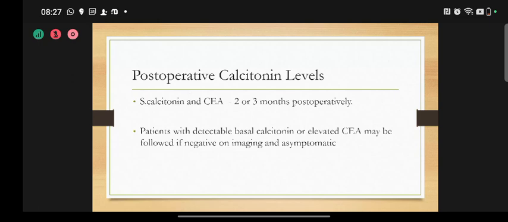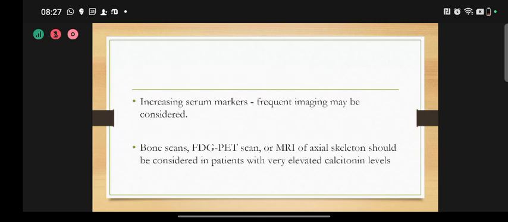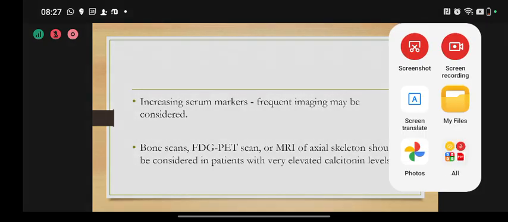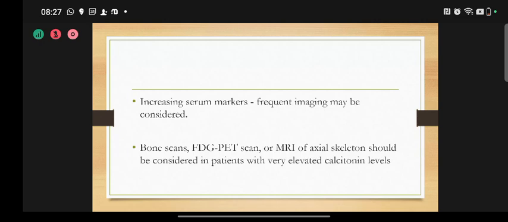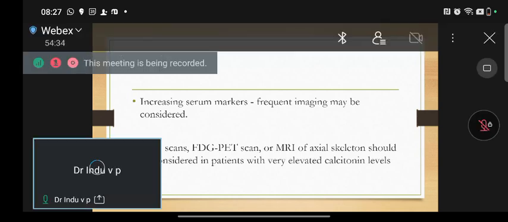Coming to the postoperative calcitonin level, calcitonin and CEA can be measured 2 to 3 months postoperatively. Patients with detectable basal calcitonin or elevated CEA may be followed if imaging is negative or the patient is asymptomatic. In an increasing serum marker situation, we can go for frequent imaging.